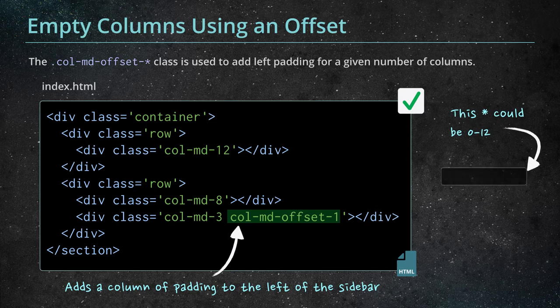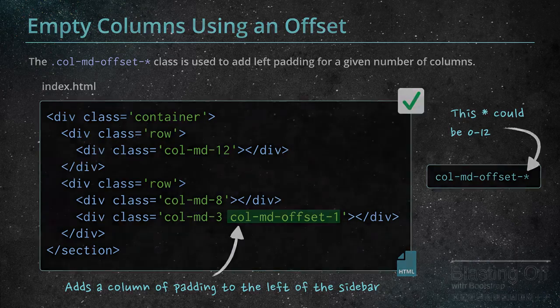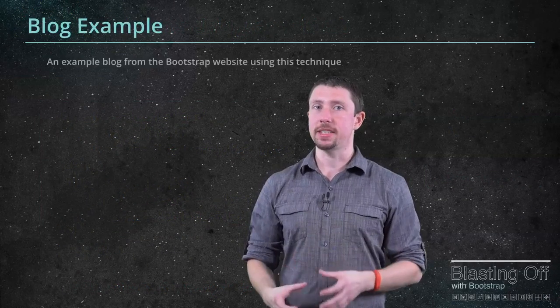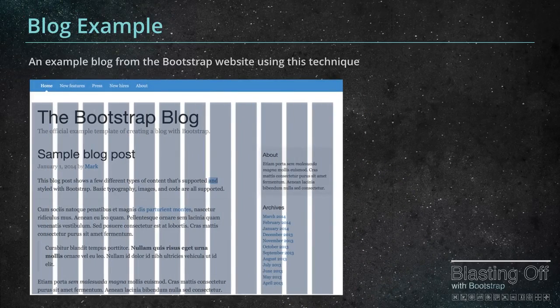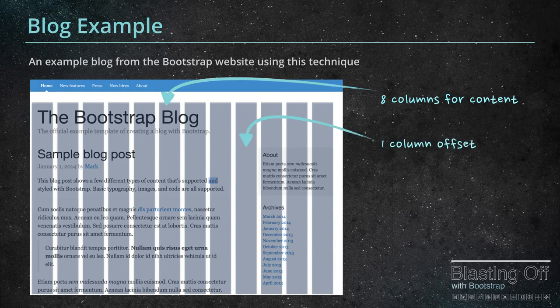This star here, that could be anything from 0 to 12, and it'll add that many columns of padding to the left side of the element. Let's take a look at an example website from the Bootstrap webpage using this technique. This Bootstrap blog illustrates the concept we were just talking about. So if you take a look at it, there's 8 columns of content, 1 column of offset, and then another 3 columns for the sidebar.